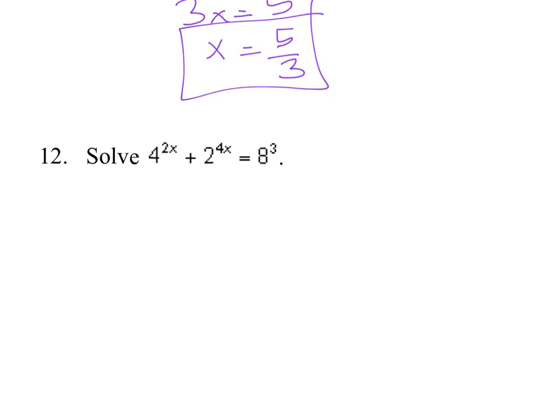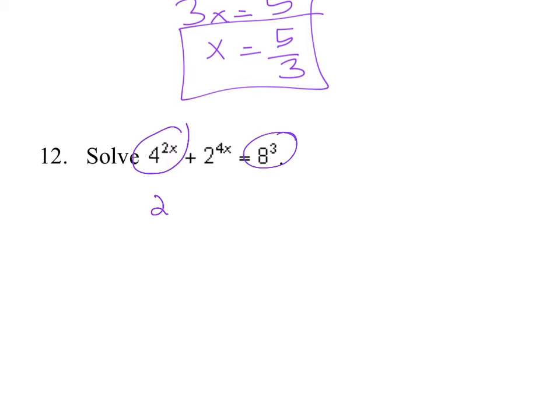All right, here, since that's a plus, that's a little more complex. Okay, so I'm going to change this into 4 to the 2x. That's going to become a base 2. I'm going to change this into a base 2. So everything's in base 2.